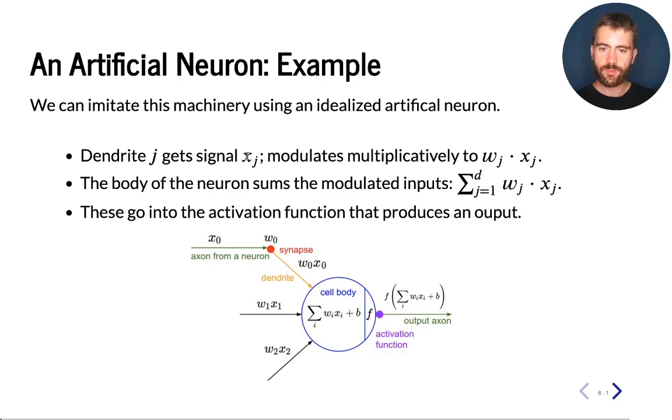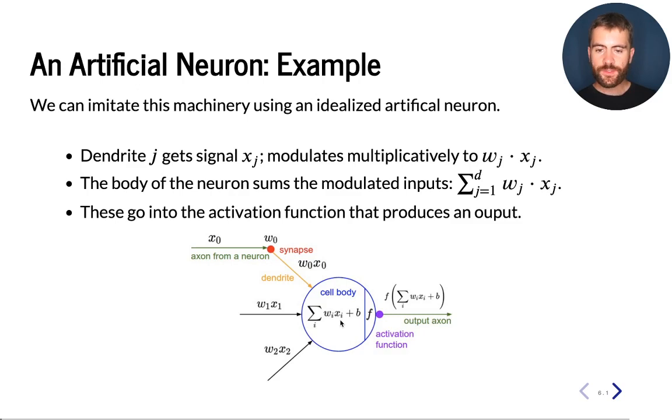Within this idealized model, we're going to modulate the input via some weight w. So internally, the neuron assigns different weights to its dendrites. Once we have received the signals from every dendrite, these are summed together inside the body of the cell.